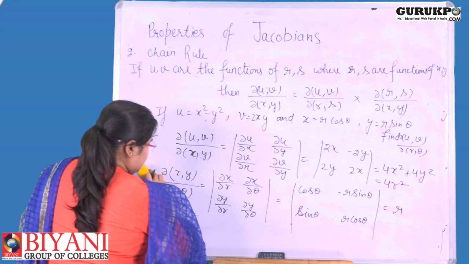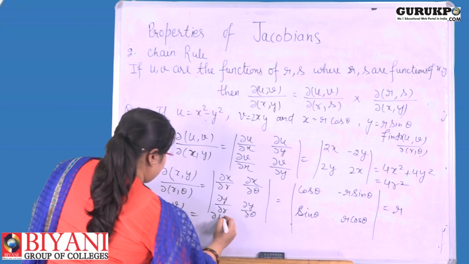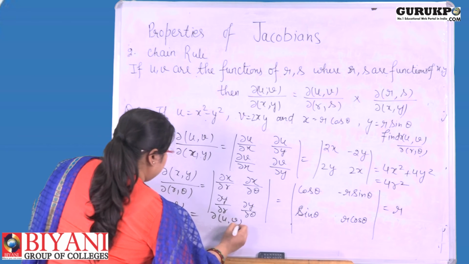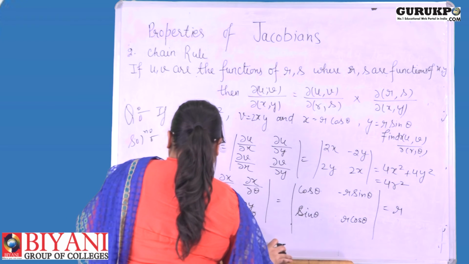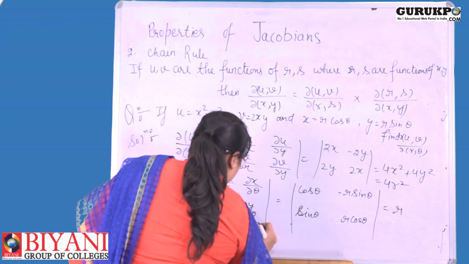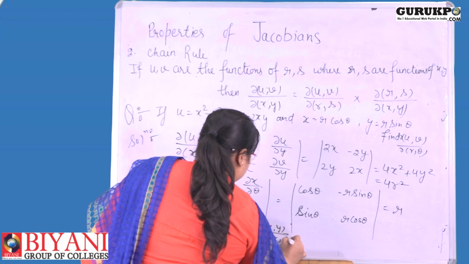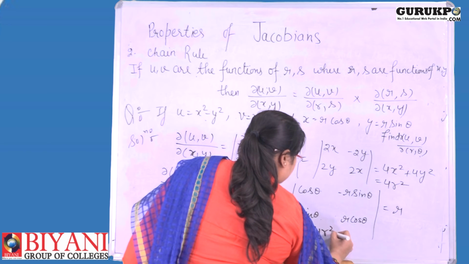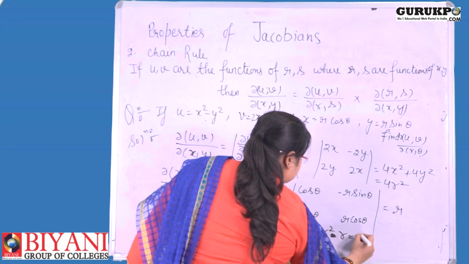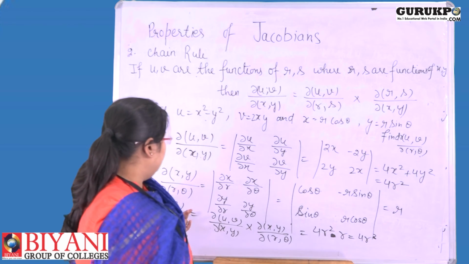We will solve like this: del u, v upon del x, y into del x, y upon del r, theta. So the value of this is 4r square into r. So this will be 4r cube.